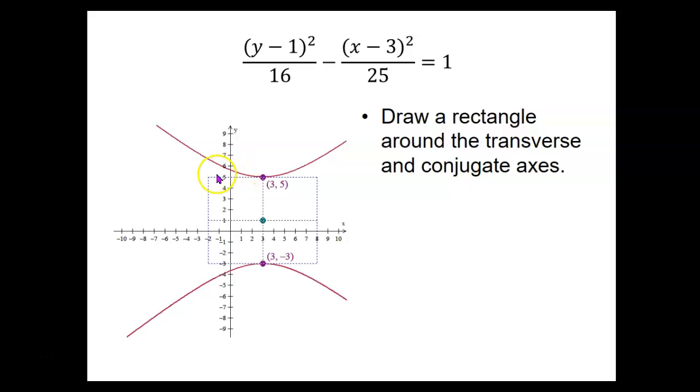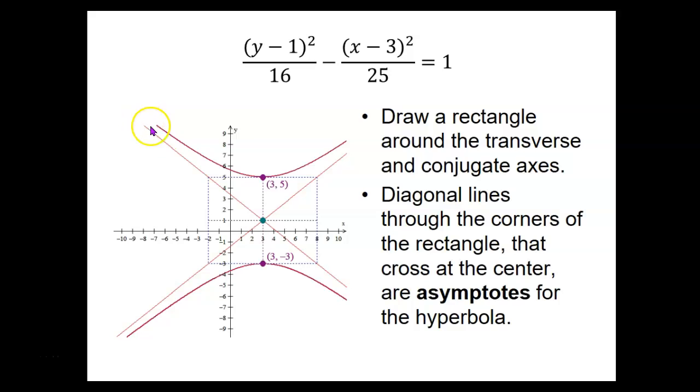Now, if you draw a box or a rectangle around the transverse and conjugate axes, like this, and then you draw diagonal lines that go through the corners of that rectangle, and they cross in the center, those diagonal lines are asymptotes for the hyperbola.